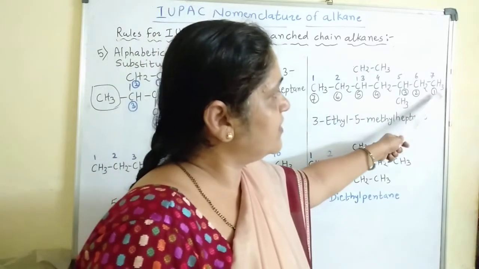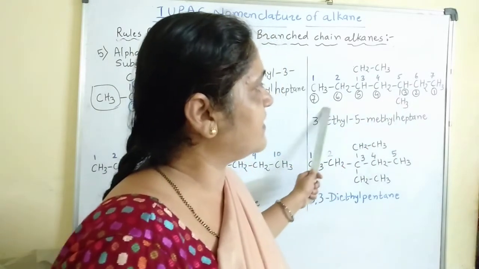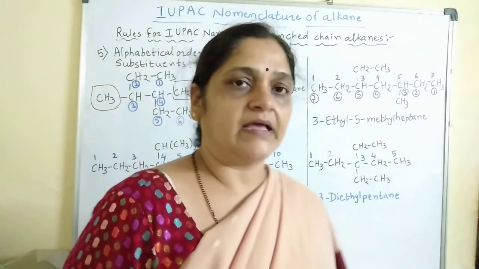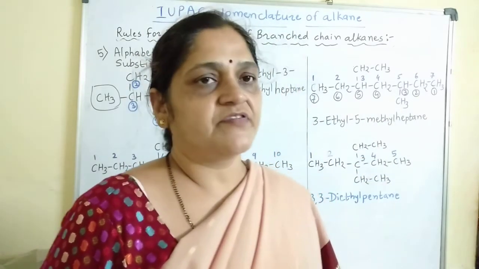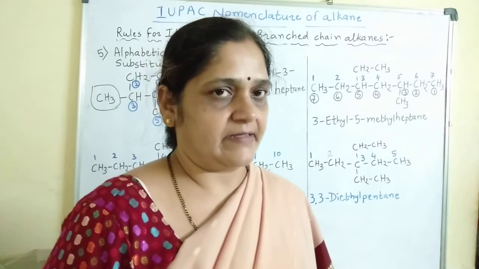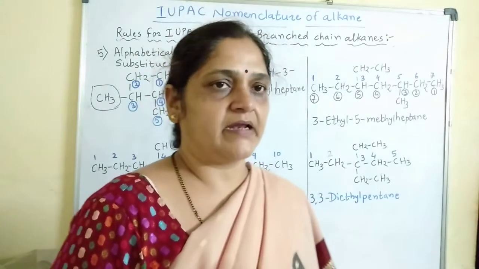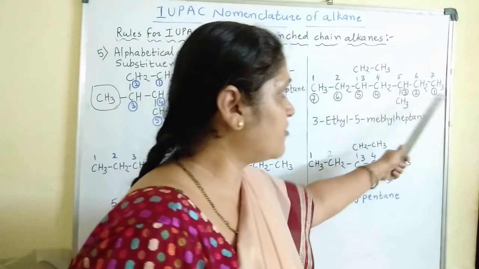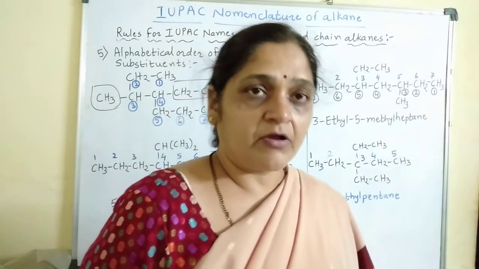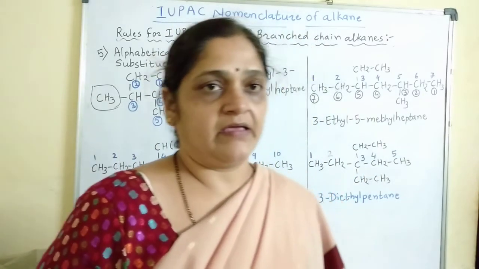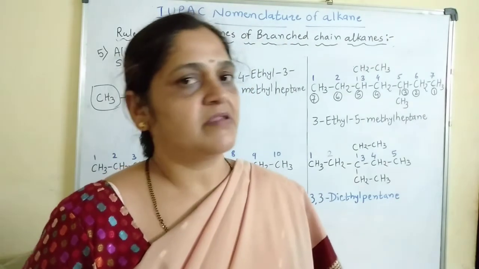And when done from right to left, carbon number 3 is carrying the methyl group. So we are getting equivalent positions from both sides. Is that clear? Now how to do the numbering? Which numbering will be correct, from left to right or right to left? Because both ways, the carbon carrying a substituent gets number 3.